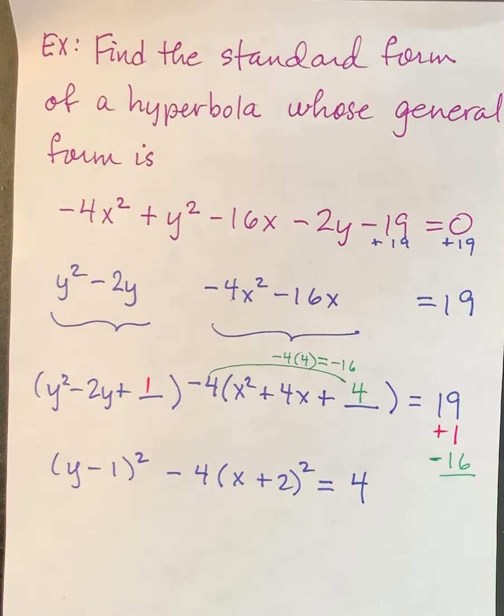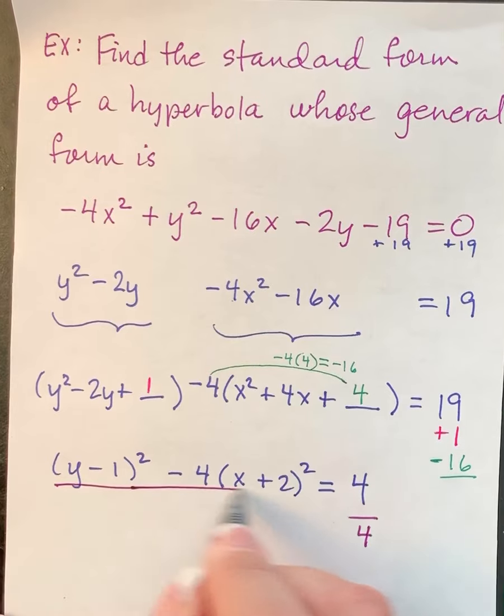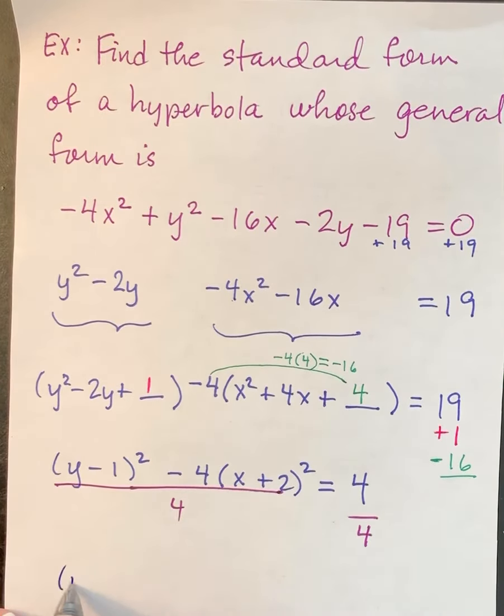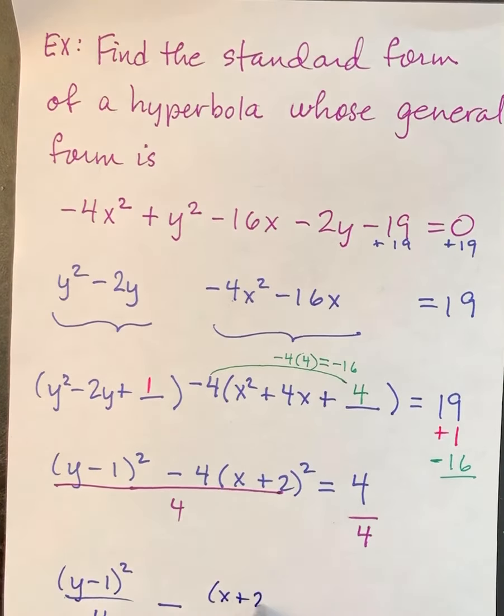Okay, and then in standard form, we do need it set equal to 1. So whatever number you have for your constant, that's what you divide by. In this case, it'll be 4, so we're going to divide both sides by 4. So over here, we'll have y minus 1 quantity squared divided by 4, minus 4 divided by 4 is just 1, so we'll have x plus 2 quantity squared.